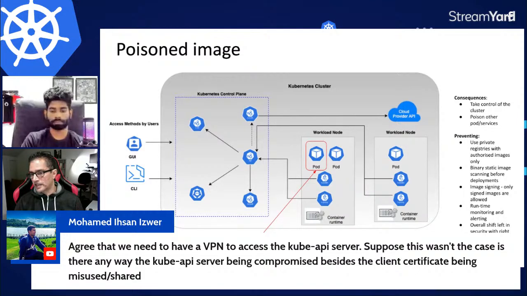If a vulnerability exists in the Kube API server itself, that potentially could give access. The other one is opening it up, which I will go into in a minute. The important part of keeping it private means you are stopping denial of service attacks and things like that as well. I hope once again I answered the question.